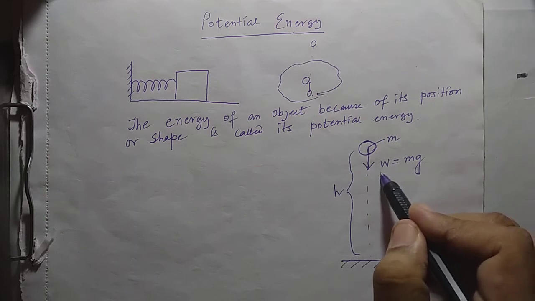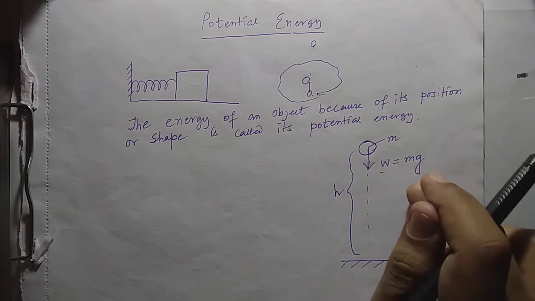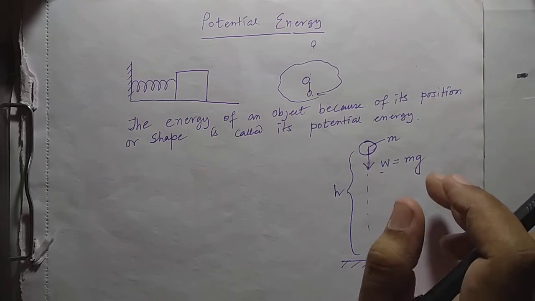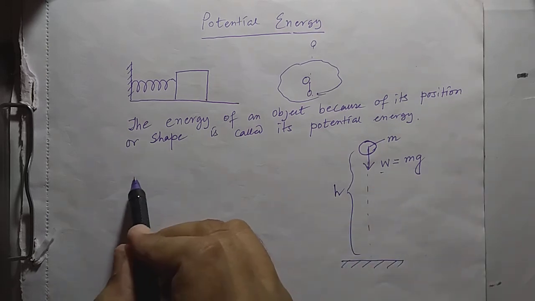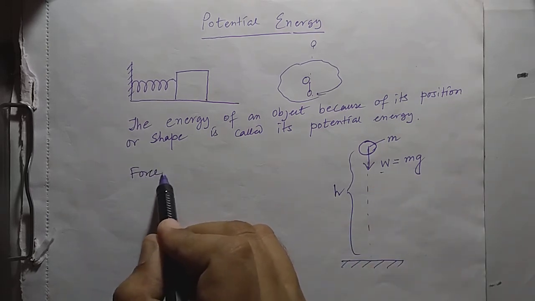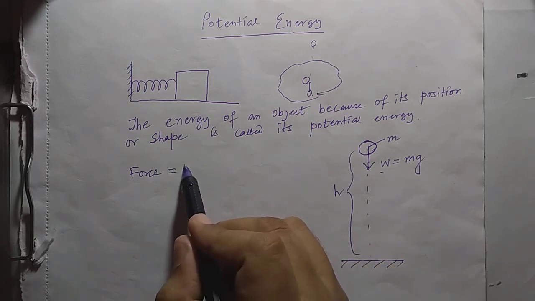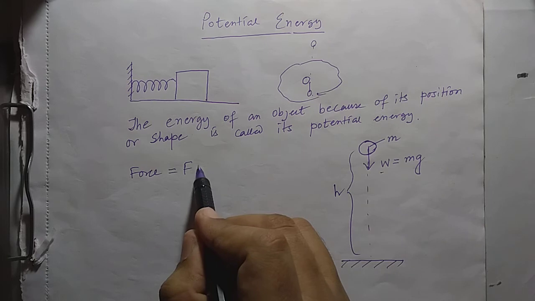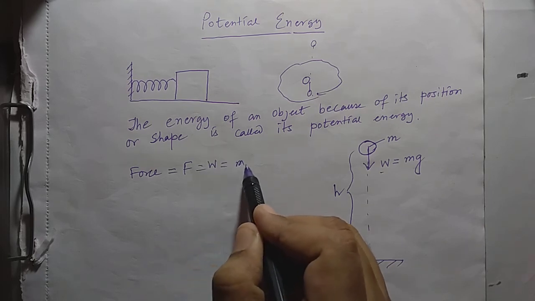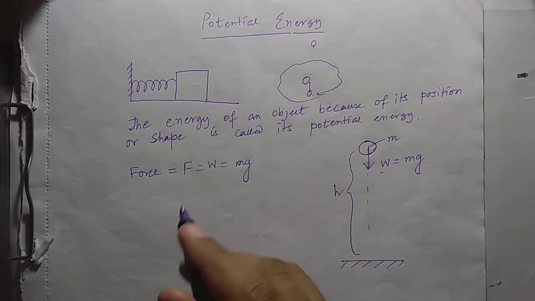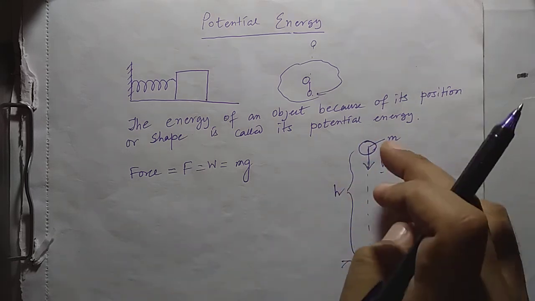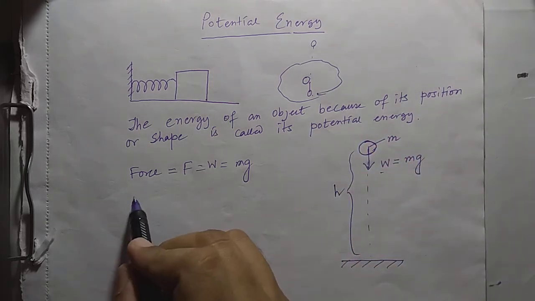This weight is actually the force. So force F, or you can say W, is equal to m into g, and the displacement is h, because after releasing it, it will travel h distance.